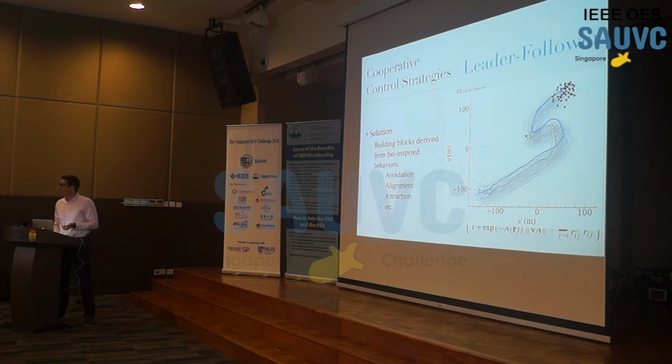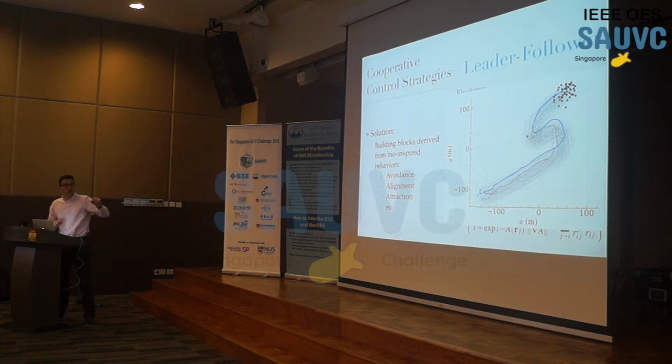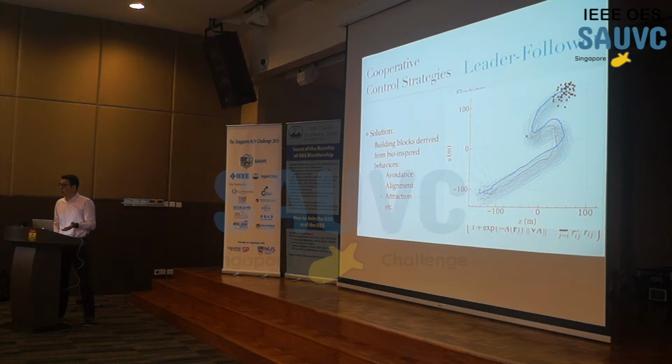Another example, as I mentioned, is what we call leader-follower. When we say leader-follower, in this system, there is no real leader. We say that because we essentially take control of one agent, and every other agent continues to swarm. So this is still a fully decentralized and distributed system in a sense. This kind of example is interesting because that's exactly what you have in a school of fish and a flock of birds.